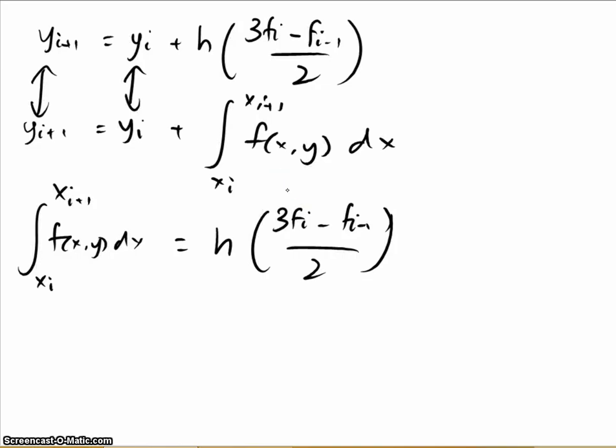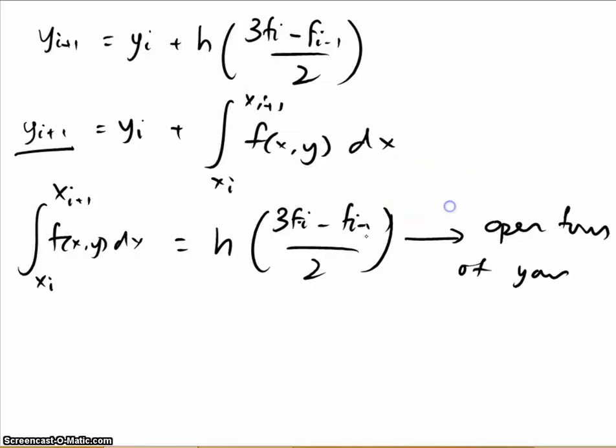The problem with this is, in order to calculate this integral, you're using values from previous values, which means this is identical to the open Newton-Cotes method that we have just considered. Because what we are doing is trying to find y_{i+1} using values of f at previous values. So this is still an extrapolation, which means this is an open form of your Adams method.